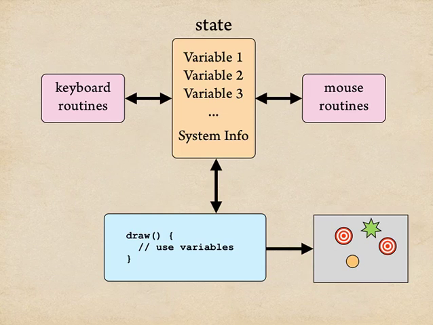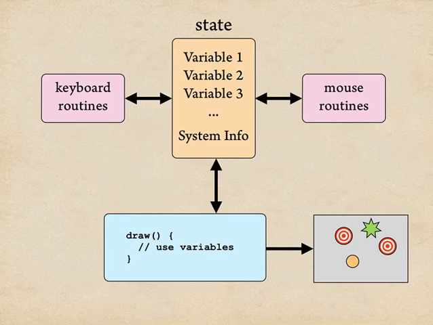Draw can change them. And the key thing is when Draw runs, it checks those variables, it uses them to make a picture. If the variables change over time, the picture changes over time. If the picture changes over time, then if we're watching the pictures, we will perceive that as motion or animation.